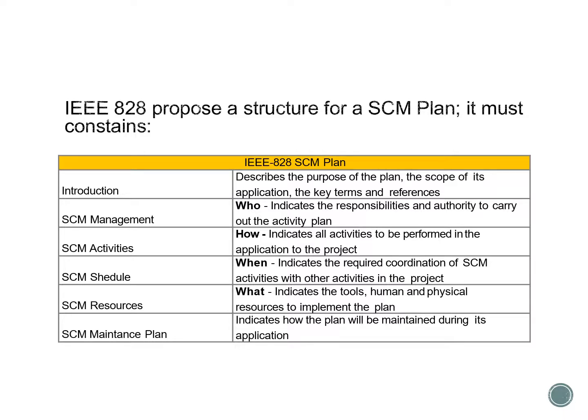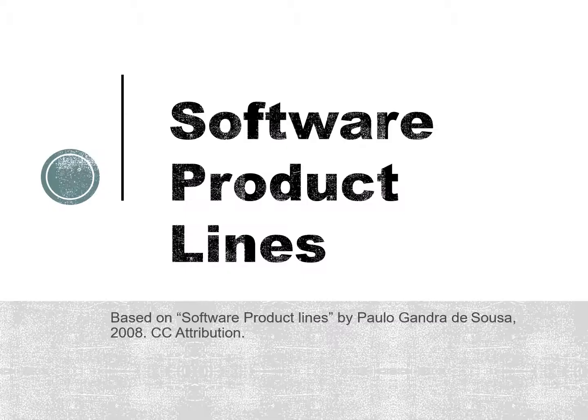So if you want to have more information on this aspect, get that standard. It should be available online. Just use Google Scholar to find it, and you can read more about this formal definition of the configuration management work. So that brings us to the second part of the lecture, the software product lines.